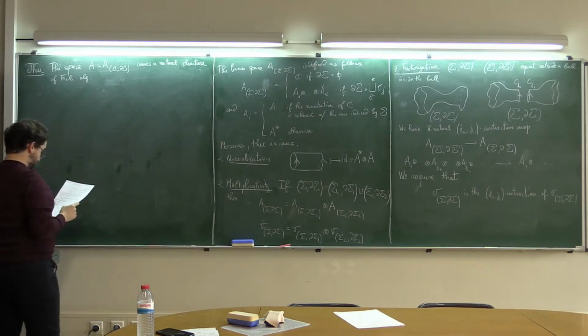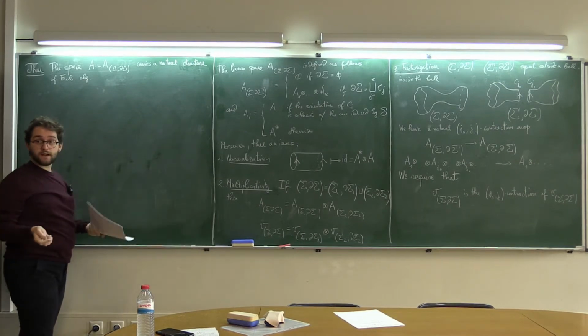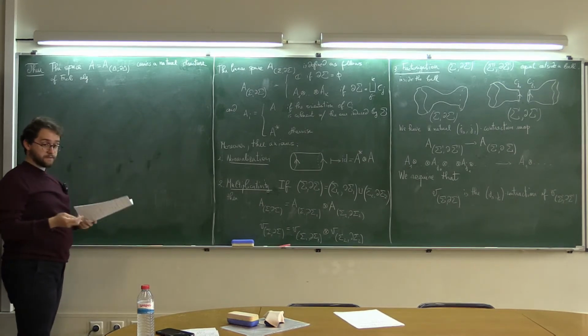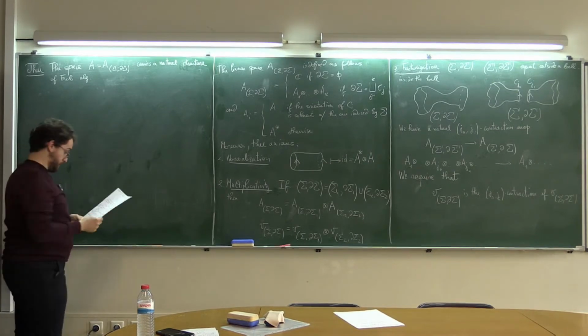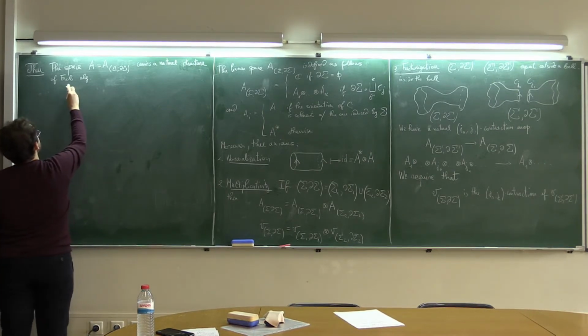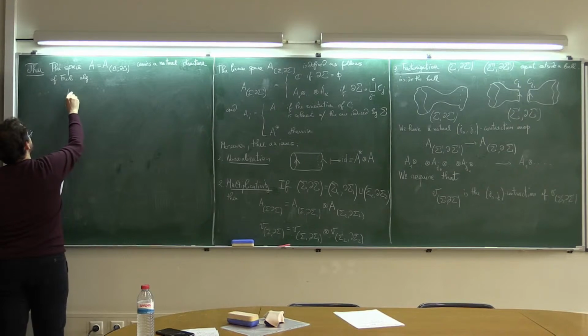I have to explain what the product is, how it is defined, and what the Frobenius form is. So the product is defined as follows.